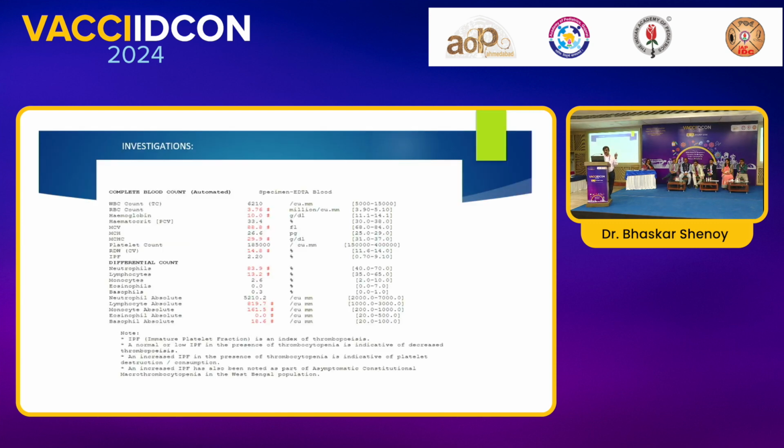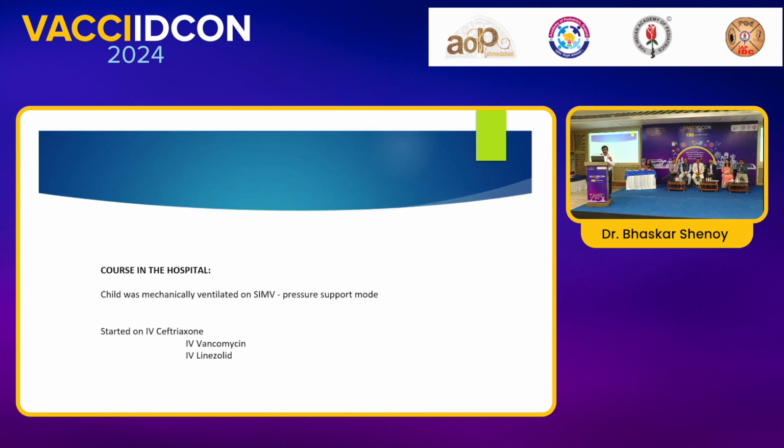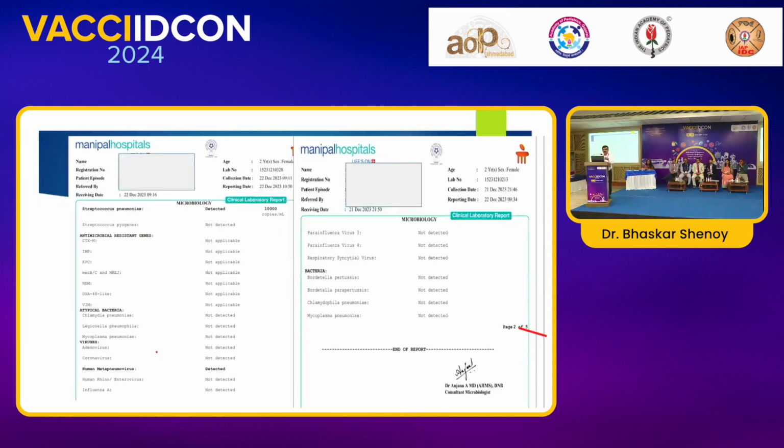Sir, this child was investigated. All the routine investigations didn't show much. This is the X-ray of the child, and he was ventilated, and during the ventilation we sent the tracheal aspirate. We didn't give much importance to the nasopharyngeal aspirate, so we went ahead with the tracheal aspirate, and it showed Streptococcus pneumoniae in addition to metapneumovirus.